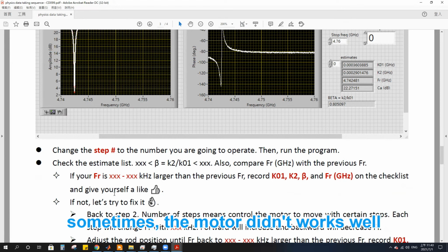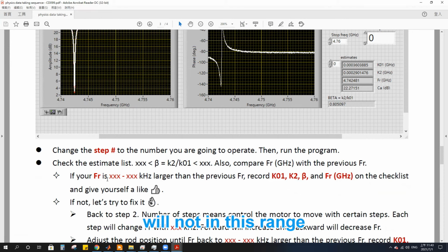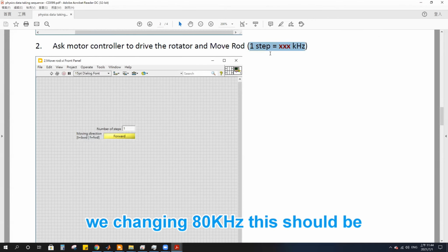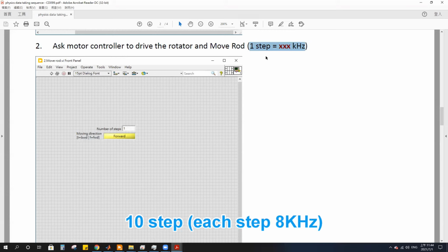Sometimes the motor doesn't work well, so maybe your resonant frequency will not be in this range. Go back to step 2. Supposedly, if we're changing by 80 kilohertz, this should be 10 steps.